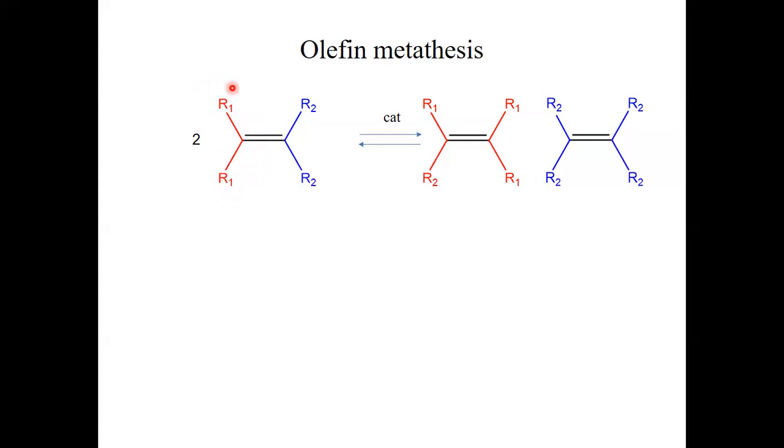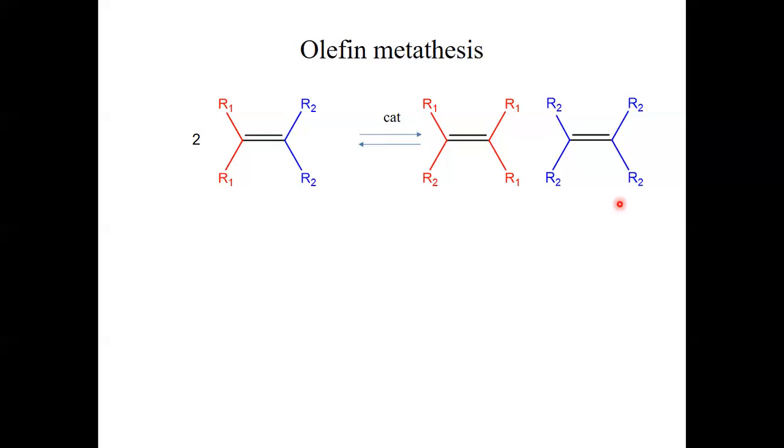If we react two molecules, we will produce two fragments that contain R1, and we could recombine two of these fragments to form this new olefin. At the same time, we could also recombine two of the other type of fragment to form this molecule.